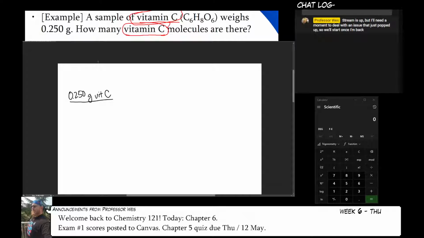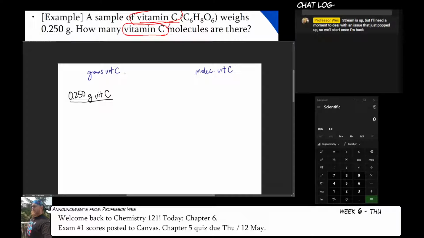All right, so I was given grams of vitamin C to start, and my problem wants me to turn this into molecules of vitamin C. So how do I go about doing this?